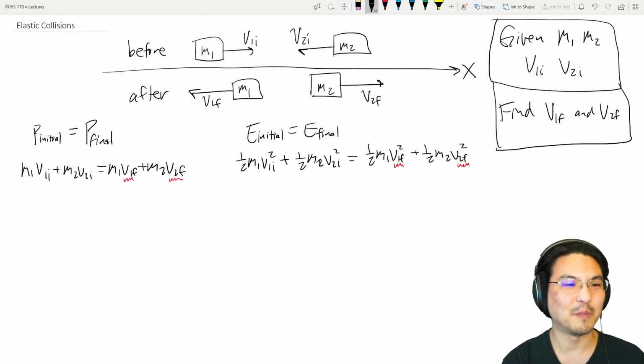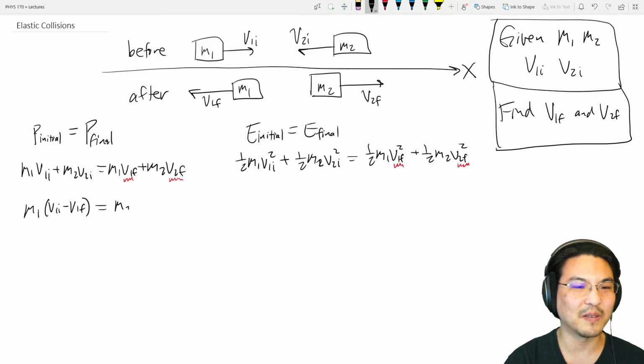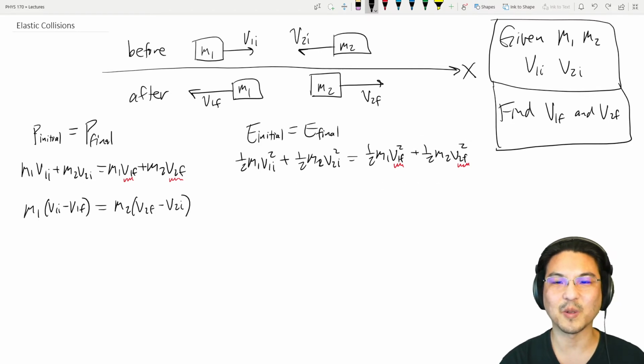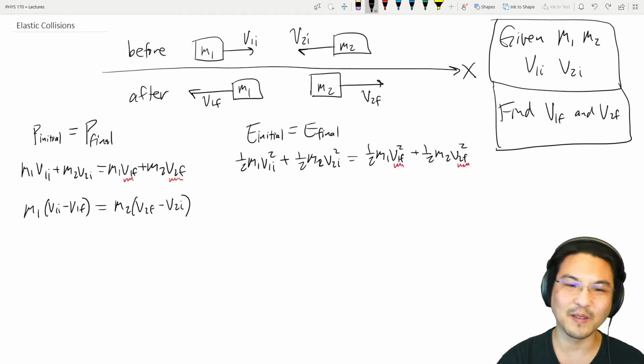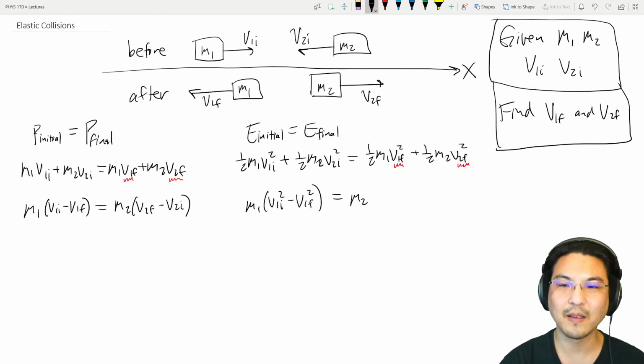I'm going to move m1 to the left side of the equation, and then I'll move m2 to the right side of the equation. Then I'll do the same here. I can multiply everything by 2 to get rid of the half. So I'll have m1 on the left side, and then I'll move m2 to the right side.